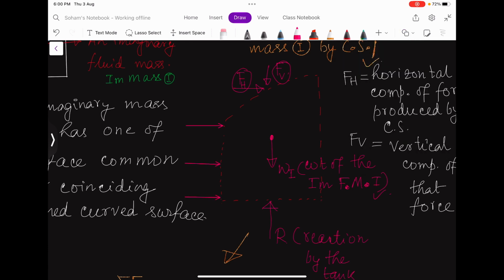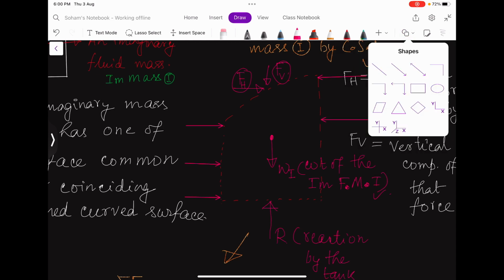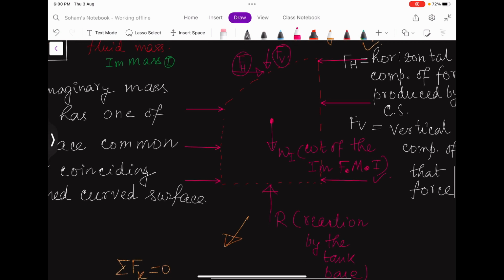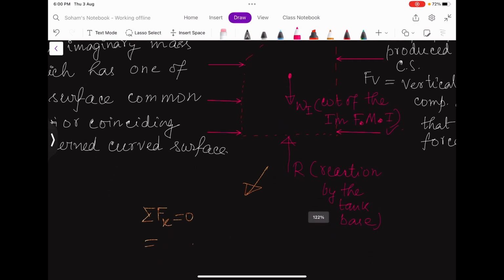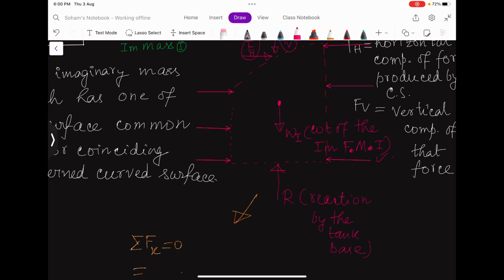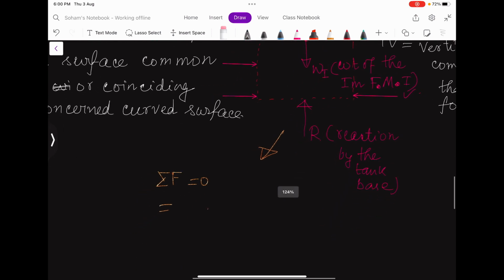The pressure forces are always perpendicular and compressive in nature, right? So the vertical component will be somewhat easier. Firstly, let us consider the vertical components.